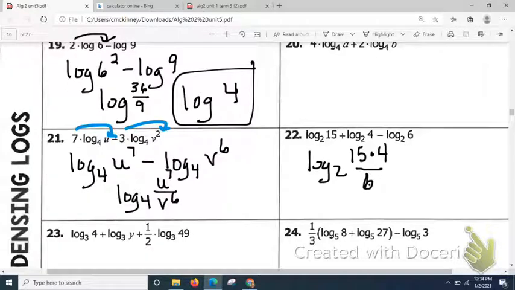So those first two were multiplied, and then we're dividing. So 15 times 4 is 60, and then 60 divided by 6. Notice that our answer is not just a 10. Log base 2 of 10.